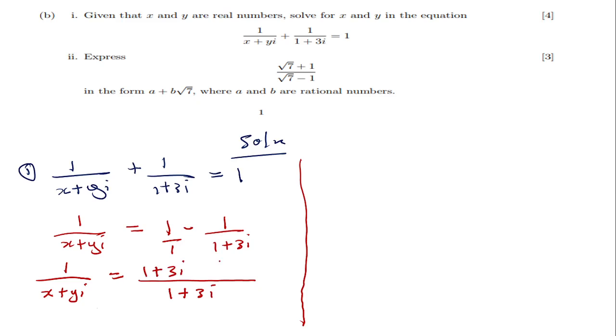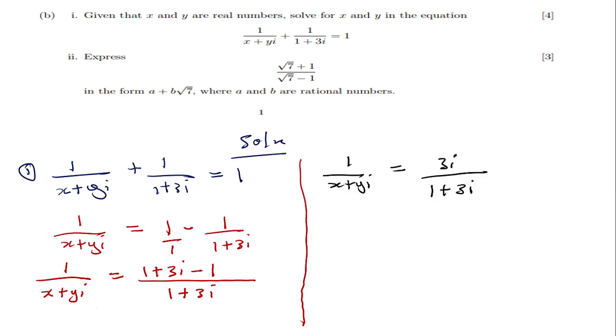When you do that, you solve them like a fraction. You're going to continue from here. 1 over X plus yi is equal to 1 minus 1, which is 0. So you're going to have 3i over 1 plus 3i.